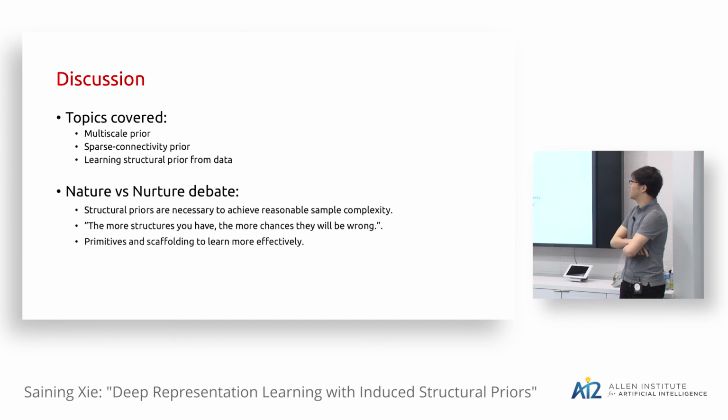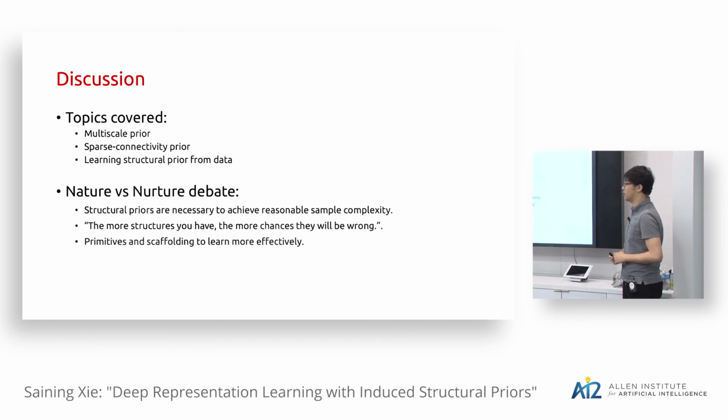Okay, so basically today we covered topics like the multiscale prior, the sparse-connectivity prior, and we showed some early attempts at how we can learn the structural priors directly from data using attention mechanisms or hierarchical IL. And I guess there's a really interesting debate about nature versus nurture.